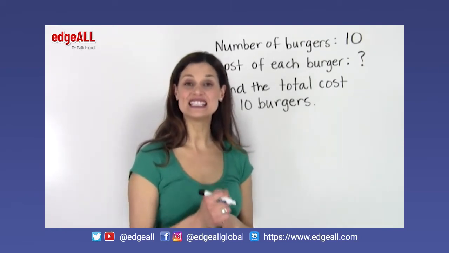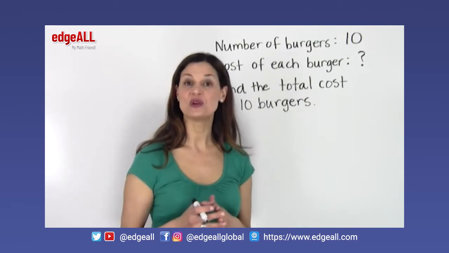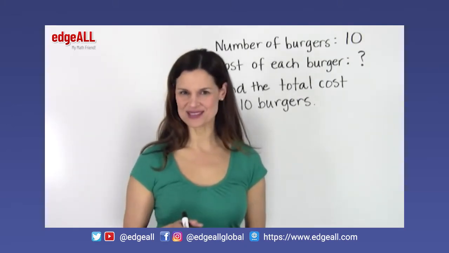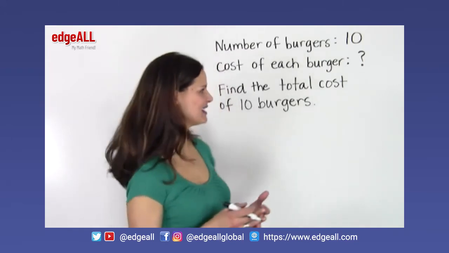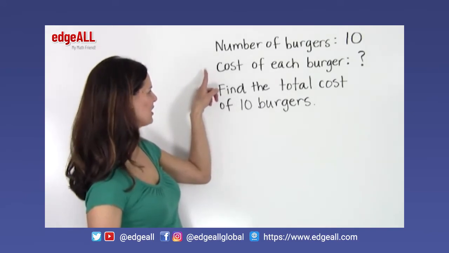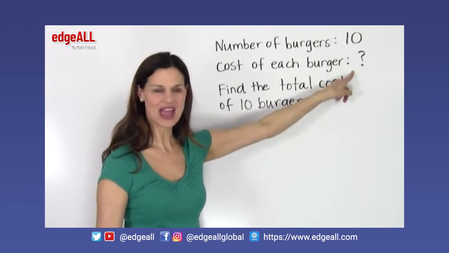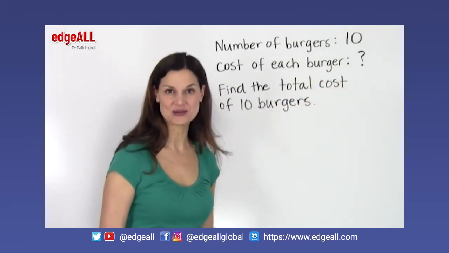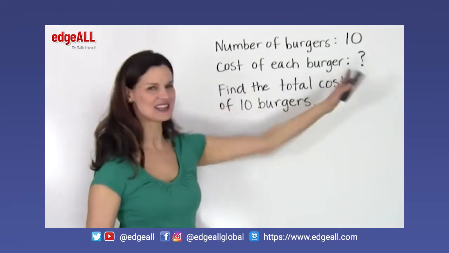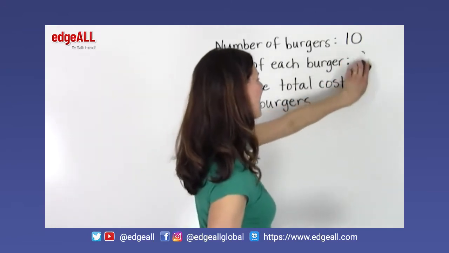However, we can still write an algebraic expression which would represent the total cost of the 10 burgers. So how are we going to do this? The total cost of the 10 burgers is going to depend on the cost of each burger. And so what we're going to do is assign a letter to this cost of each burger.